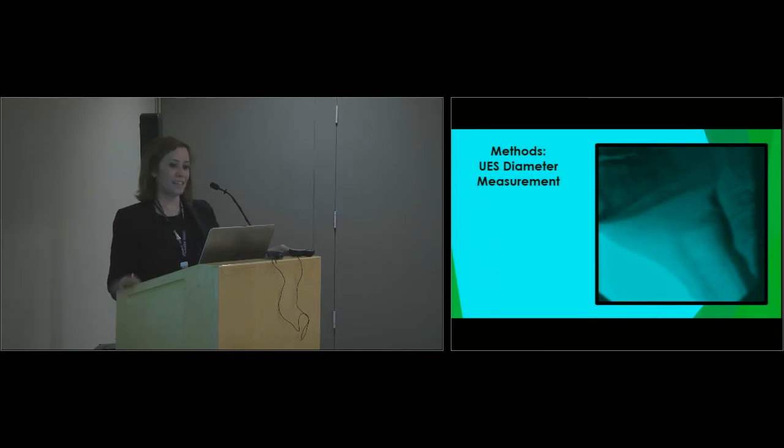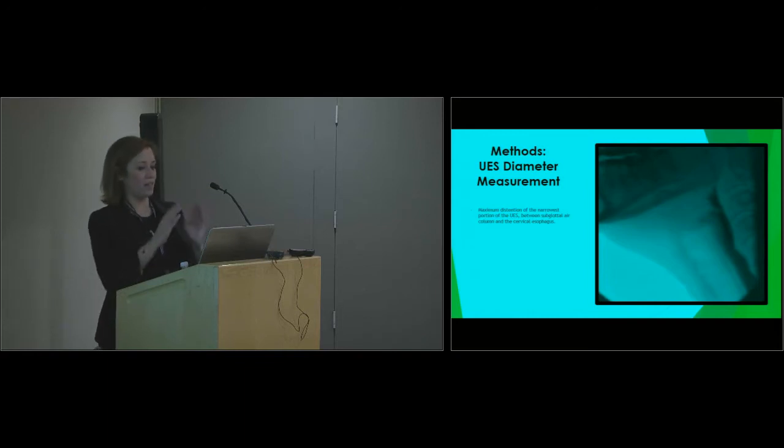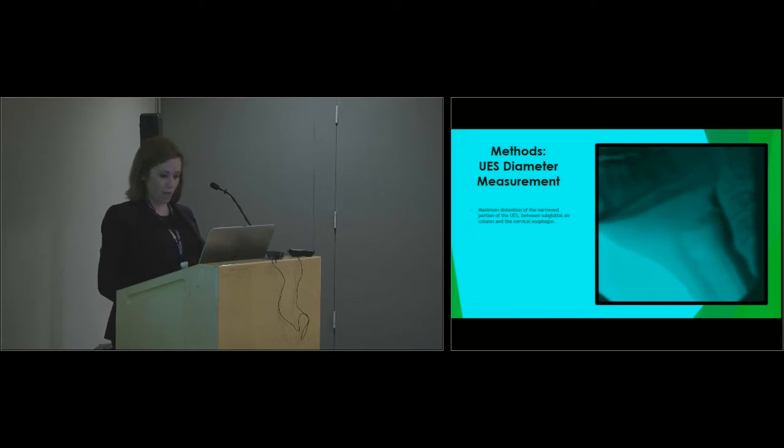So for methods, in terms of measuring the anteroposterior diameter, we looked at the moment of the height of the swallow, where the most extent of the UES opening happens, and we looked at the narrowest portion of the UES. So this is the subglottal column, and we looked at the narrowest portion of opening at that moment of maximum distension of the UES.